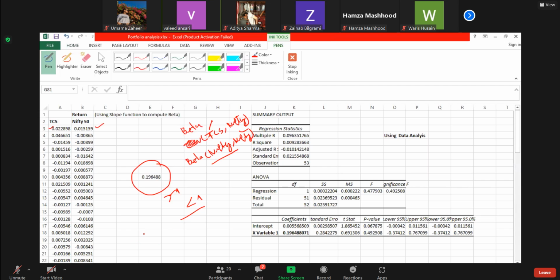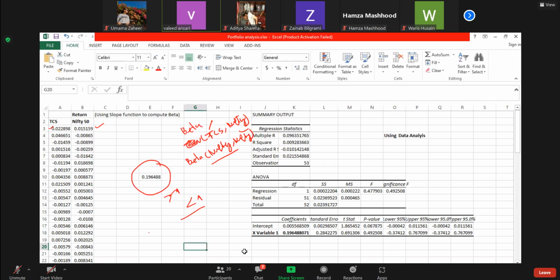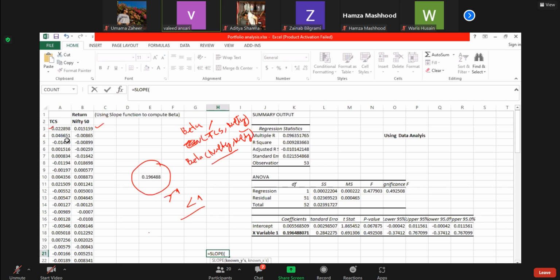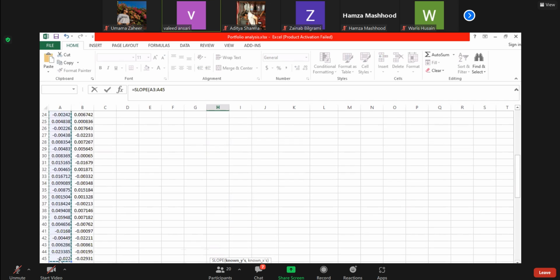For example, the slope function, just put it here. Slope, I'm not going to that elaborate one. So this is the first one, up to 55.